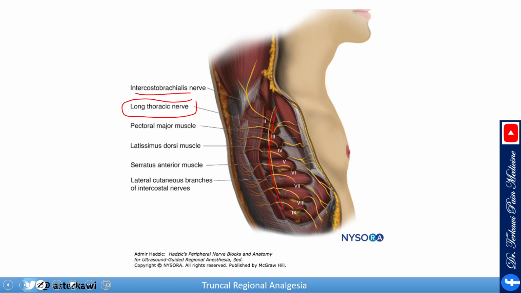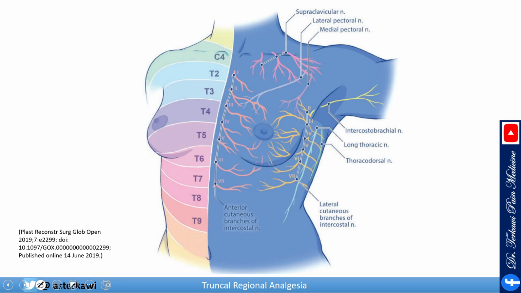The intercostobrachial nerve, and these are the serratus anterior here and latissimus dorsi. So when we are doing a breast surgery, or we have breast pain, or anterior abdominal wall pain, it's very important to keep in mind this picture, and I would also save this picture.